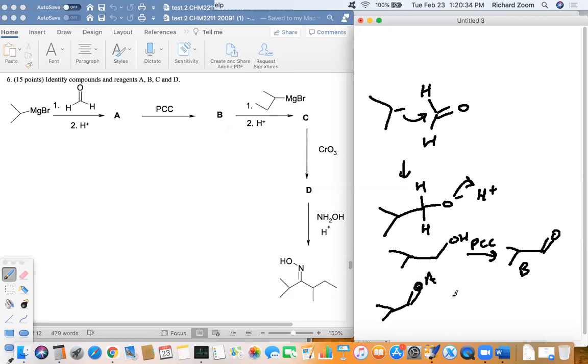So if I was looking for C, this would be the Grignard reagent. And then I have to add H plus to it.